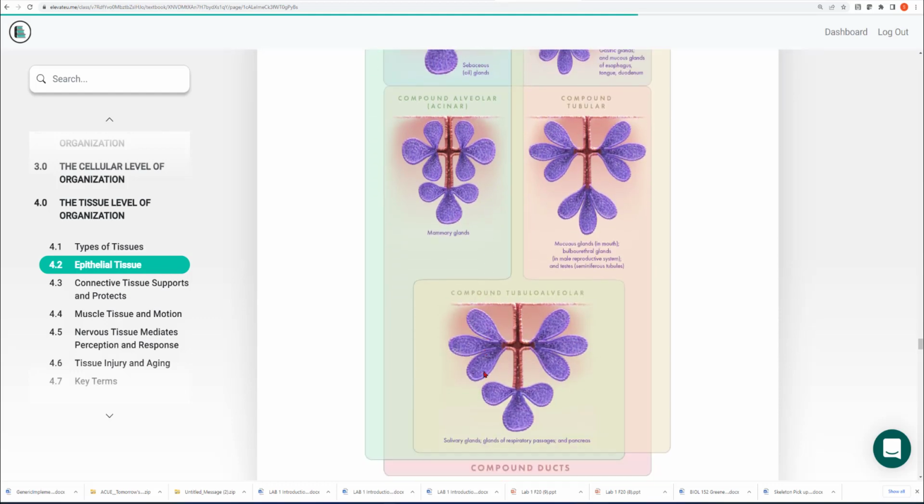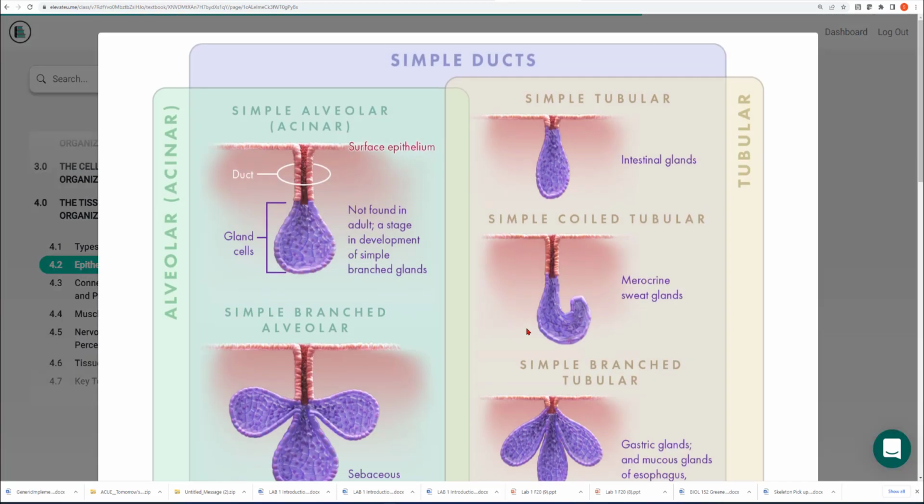All I want you to see, let's just zoom into one of these. No matter what kind of exocrine gland you're looking at, there's going to be a series of cells. Those cells, the epithelial cells, are going to release their products into the duct, and the duct is going to lead those products to an epithelial surface.